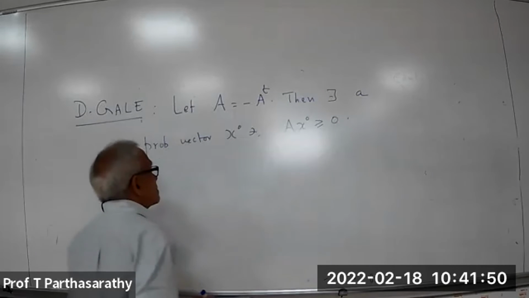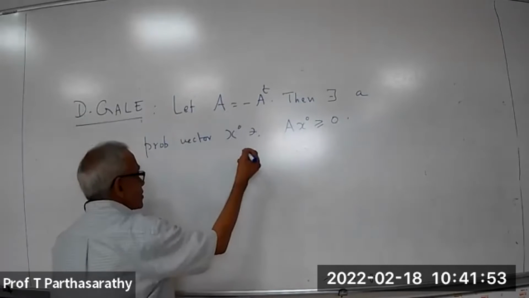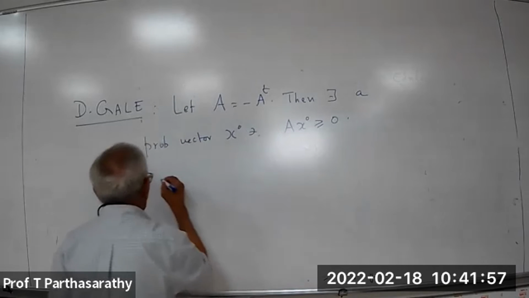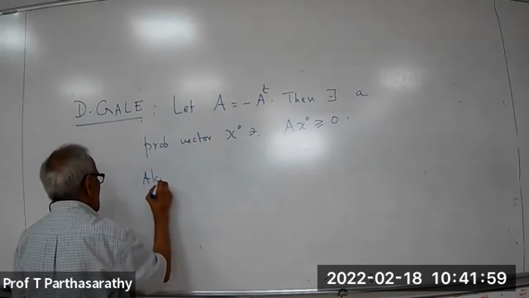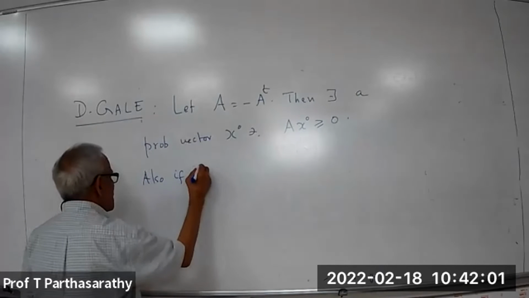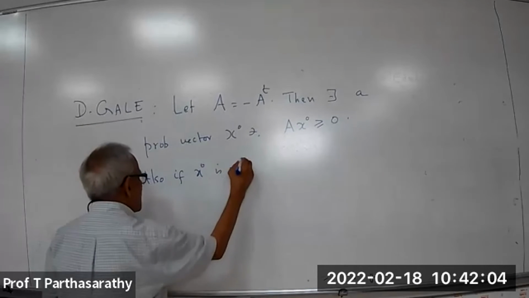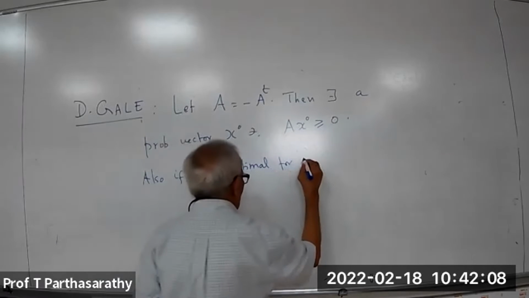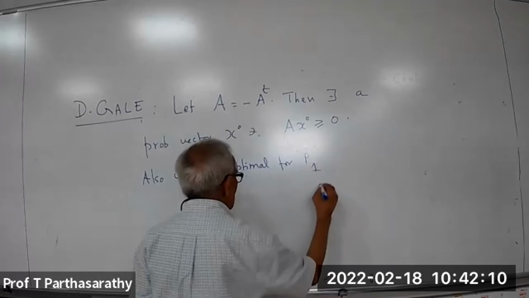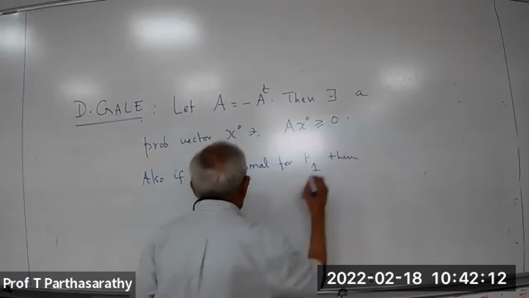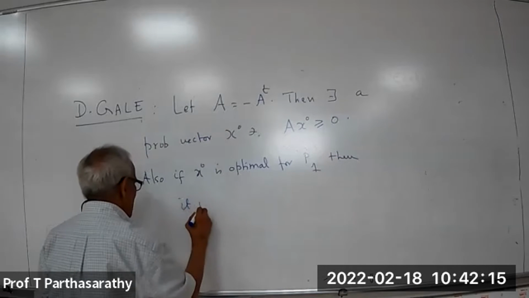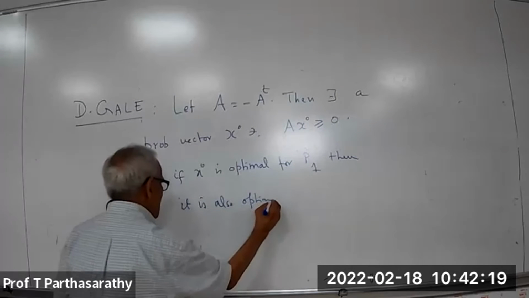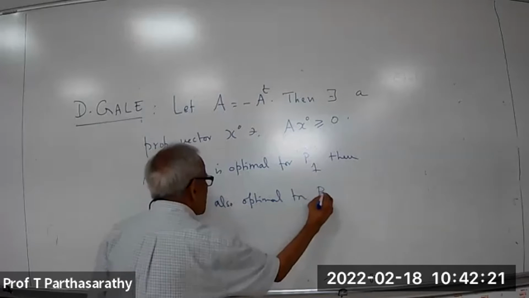That's it. And of course, you can also say there exists a vector z naught. Also, if x naught is optimal for player 1, who is the maximizer, then it is also optimal for player 2. Let me tell you why.